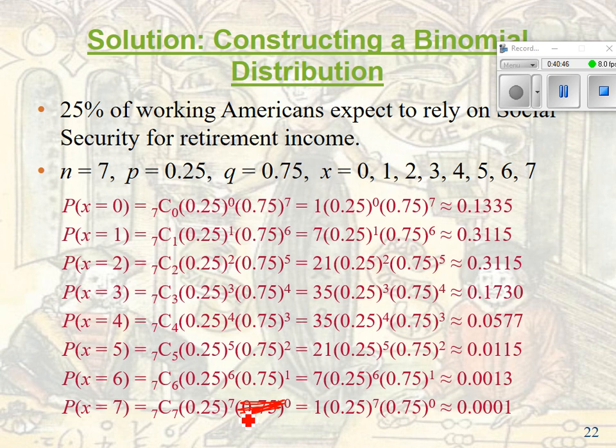What is 7C7? 1. I just punched that in my calculator like an idiot. So times that by 0.25 raised to the 7th power. Yeah, that is what it gives us. Oh, they rounded it up.